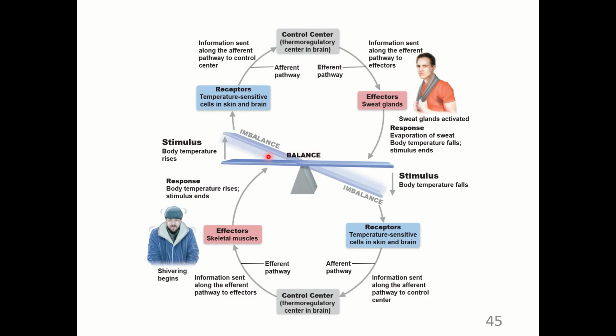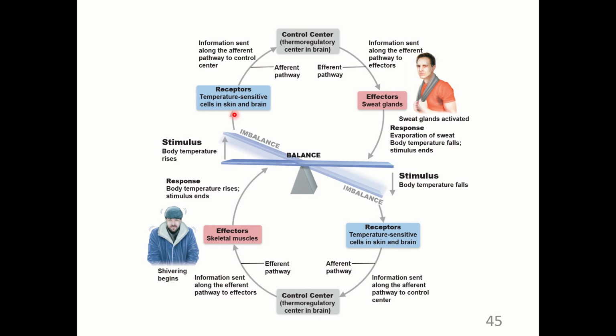Here is the negative feedback mechanism for keeping your temperature at a set range of 98.6. So that would be our balance. The stimulus in the upper illustration is that body temperature rises.